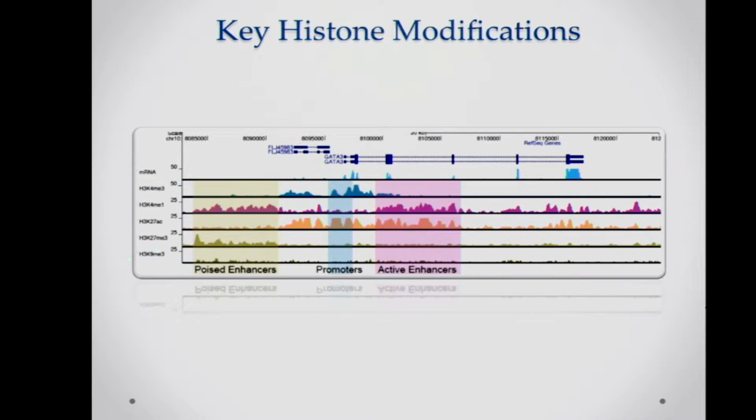K9 trimethylation, which I haven't really talked about, is a mark of heterochromatin, and you don't see it very frequently at promoters, but you can find it, and it can mark very broad regions of heterochromatin in the genome. So this is just a browser shot to illustrate what these modifications might look like in the browser and how you can at least see their overlap.